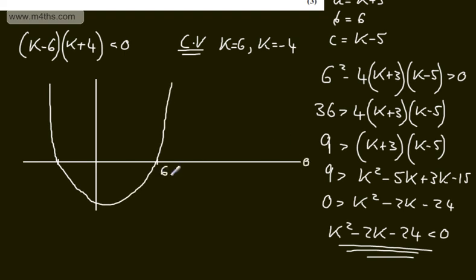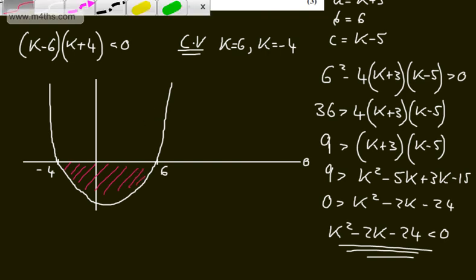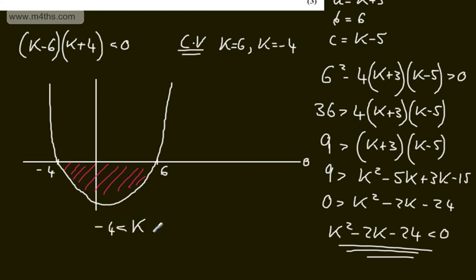We've got here 6 and here minus 4. We're interested when this is going to be less than 0, which is this part right here. And we can simply write our final answer now that k is strictly greater than minus 4, and in turn strictly less than positive 6. So that now gives me the set of values.